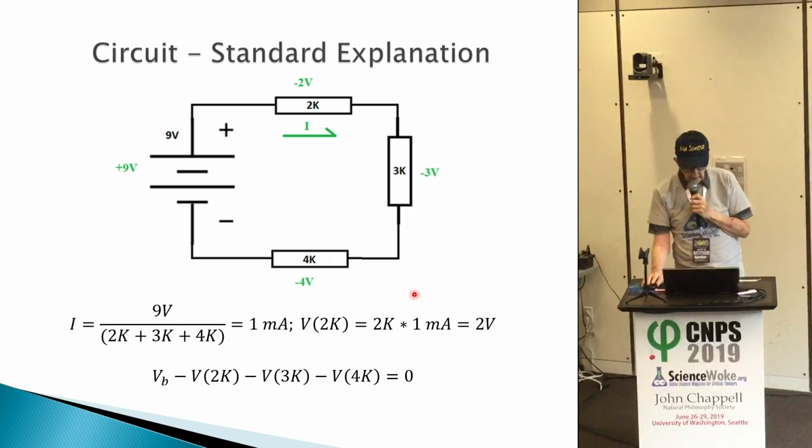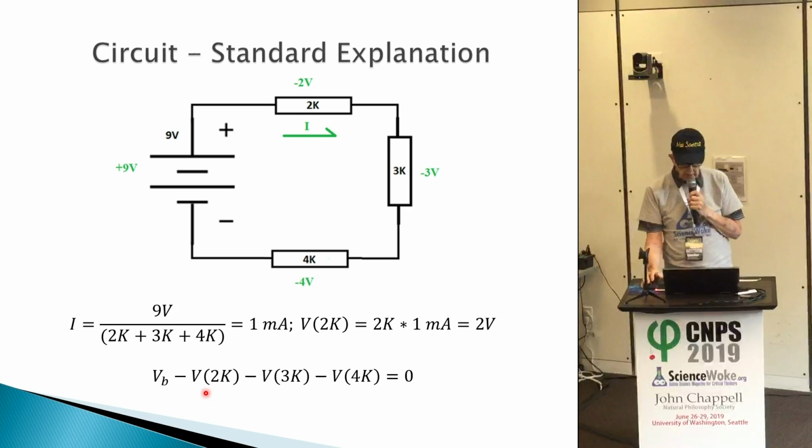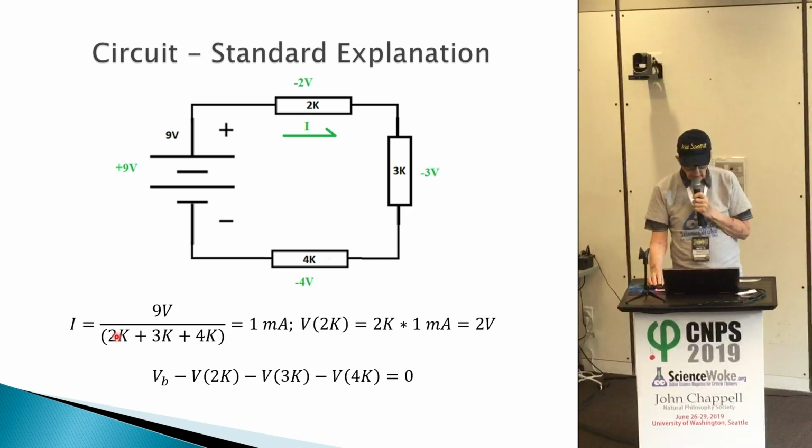The current is just, again, the voltage divided by the total resistance, and the sum of the voltages, the battery voltage minus the voltage drop, must be 0. That's true in the particle model as well as in the standard explanation.